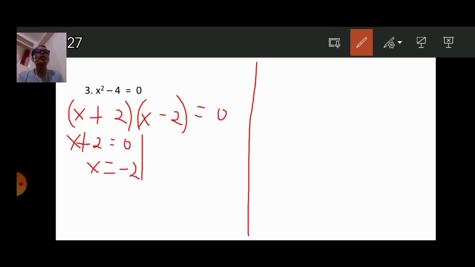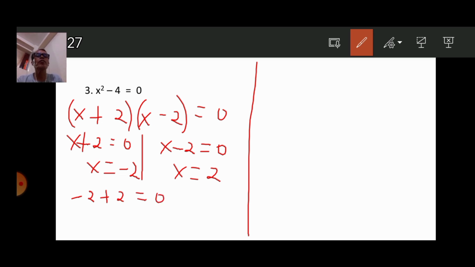The other one, x minus 2 is equal to 0. x equals 2. If you add negative 2 plus 2 equals 0. If you multiply negative 2 times 2, you will have negative 4.